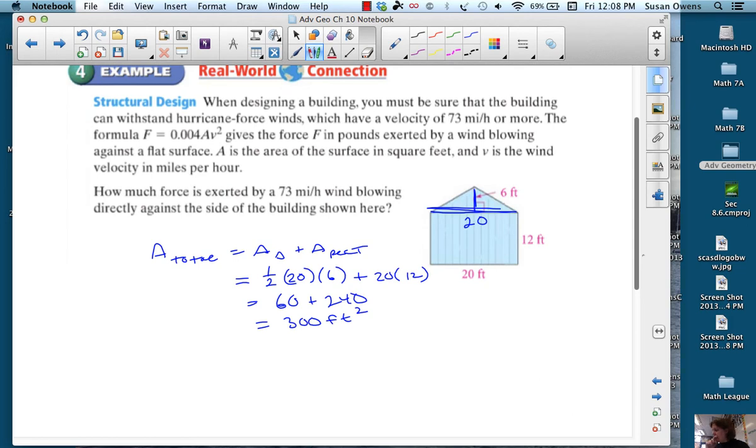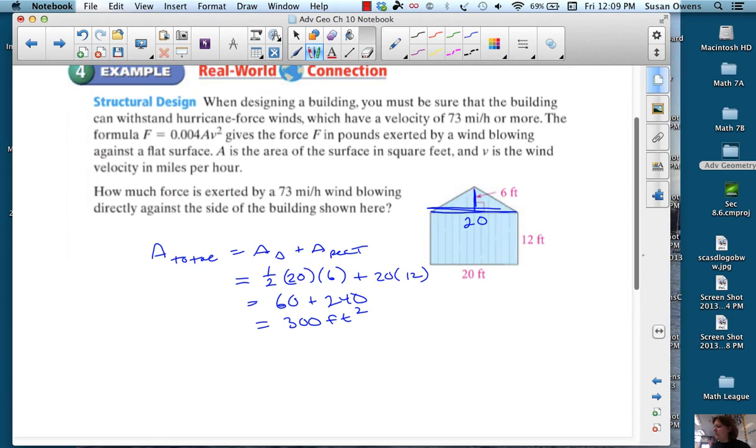Now, we also need the velocity, and they give us that at 73 miles per hour. One thing to look at is the area is in square feet and the velocity is in miles per hour. So when we plug these into the formula, we don't have to do any unit conversions.